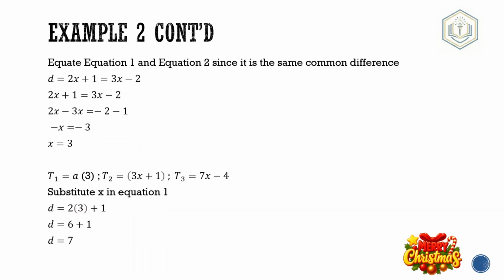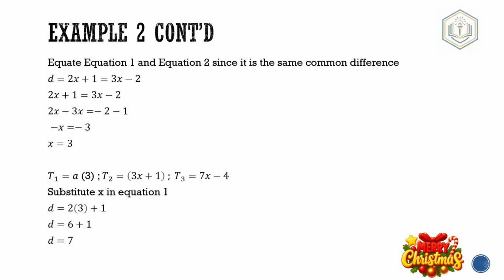So if you look at equation 1 and equation 2, you will discover it is the common difference, and it is d. That's your common difference. It means they are equal. If in equation 1 your d is 10, definitely because it's constant, your equation 2 must also be 10, which means they are equal. So we say our d equals 2x plus 1 equals 3x minus 2.